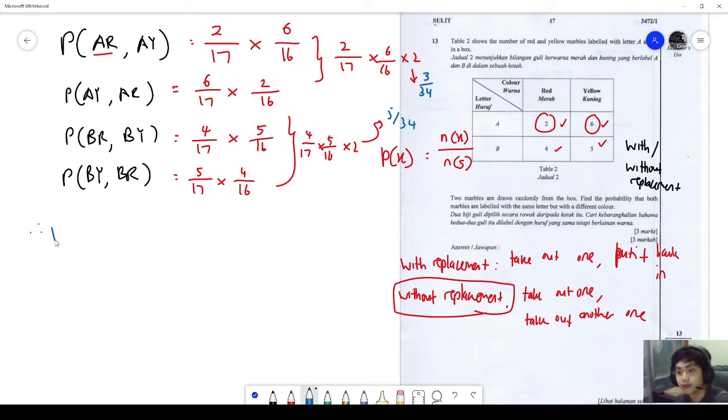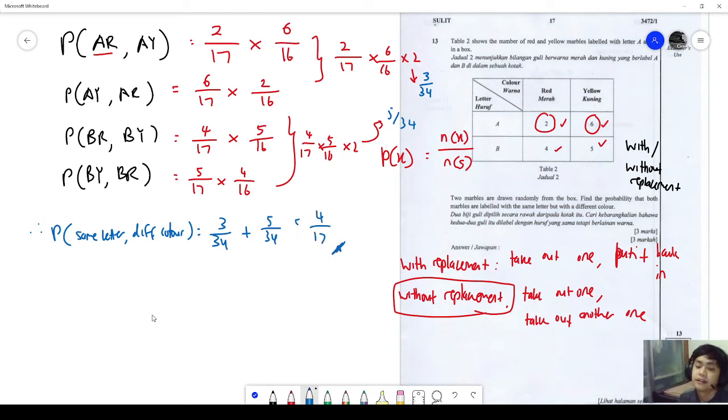Therefore the probability of same letter, different color is simply 3 over 34 plus 5 over 34, which is 8 over 34, which is 4 over 17, right? So this is done.